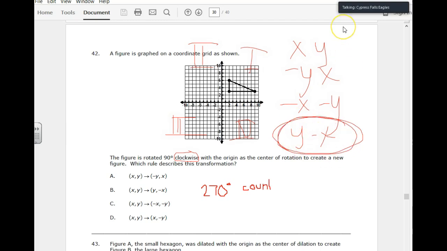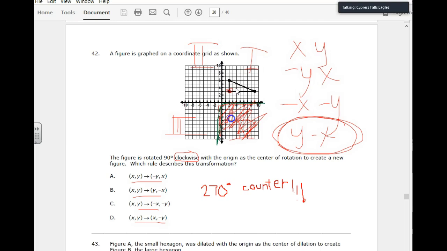Now, let's pretend you didn't memorize those rules. What you could do is pick a point and then do all of these things to that point. What quadrant should the point lie in if you're going to go 90 degrees clockwise? Yep. Down here, quadrant 4.